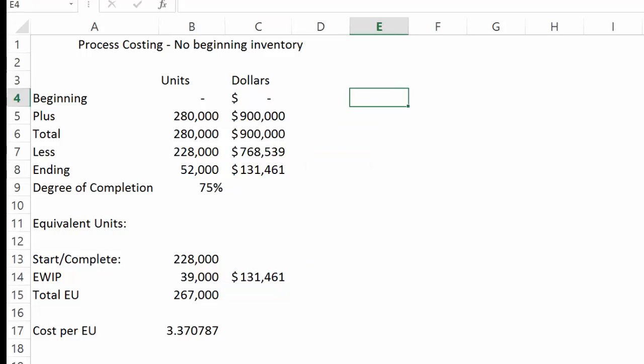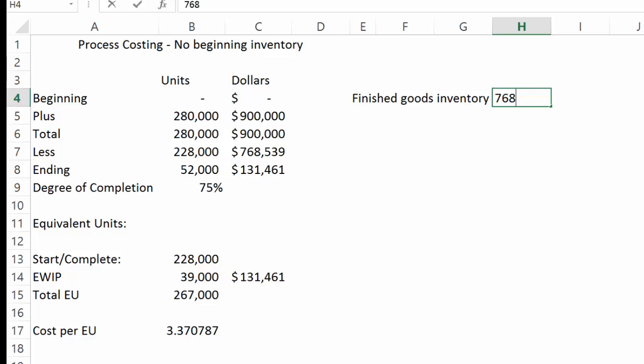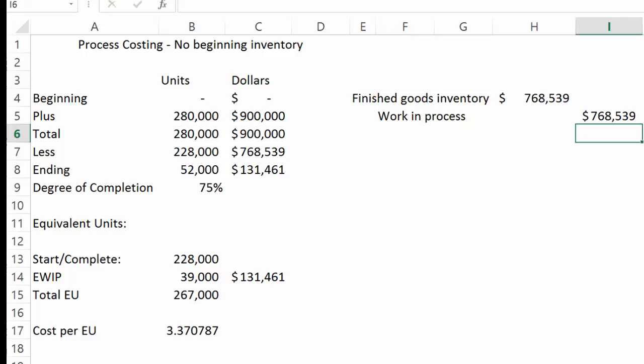So the next thing we need to do is journalize the transfer. In this case, it's going into finished goods inventory in the amount of $768,539. And it is coming out of work in process. So that is the journal entry to journalize the transfer of goods from work in process to finished goods inventory.